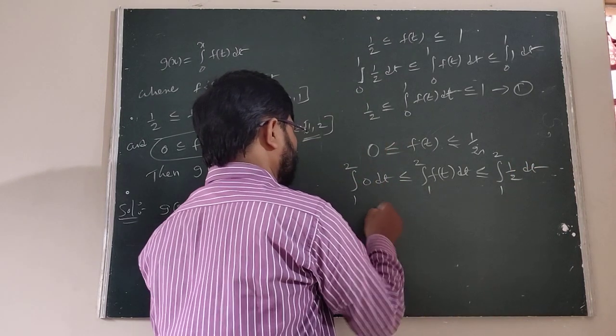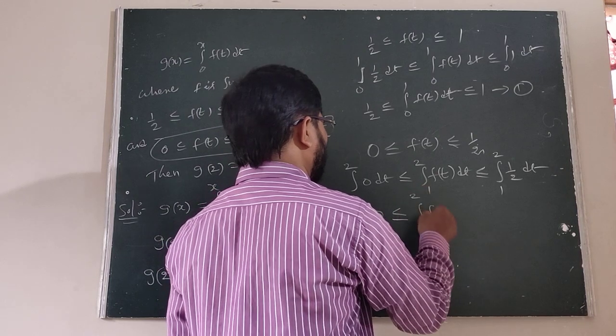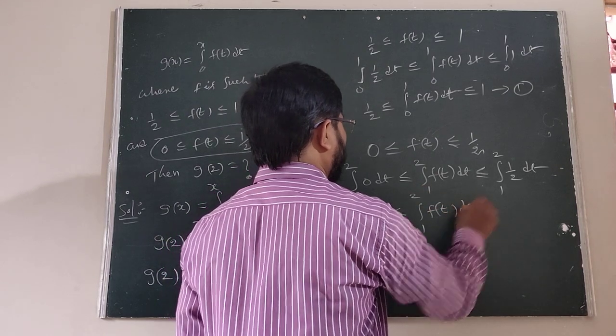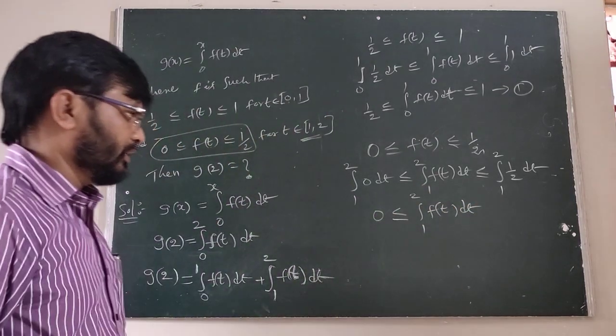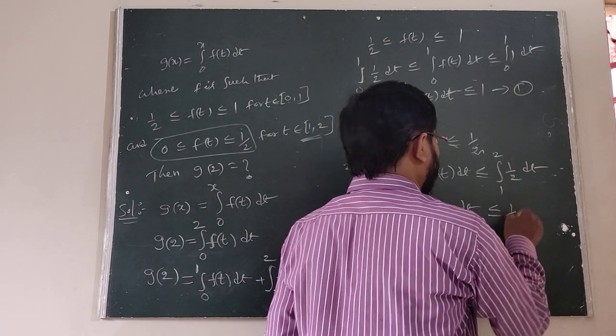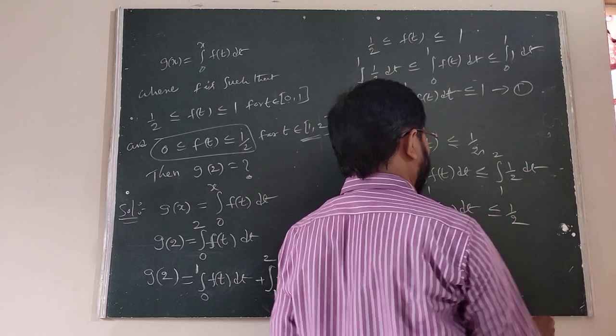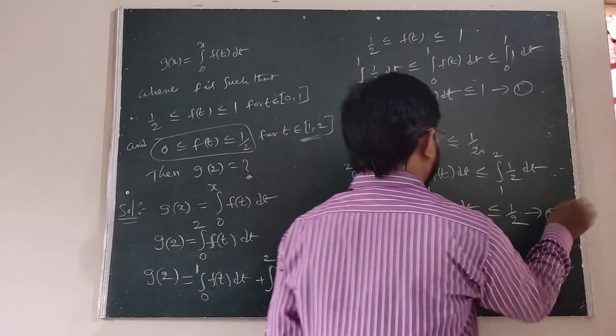Now 0 is 0. The integral of 1 dt is t, 2 minus 1 is 1, so this is 1 by 2.